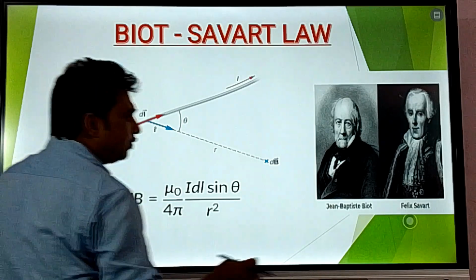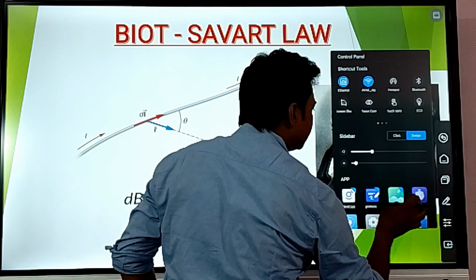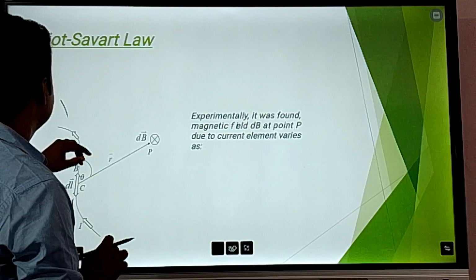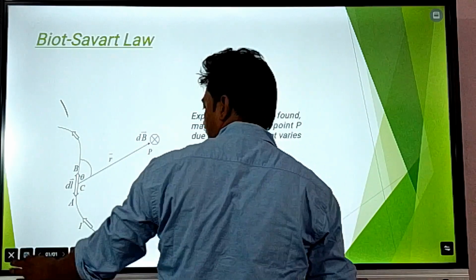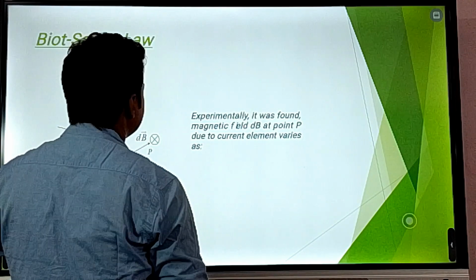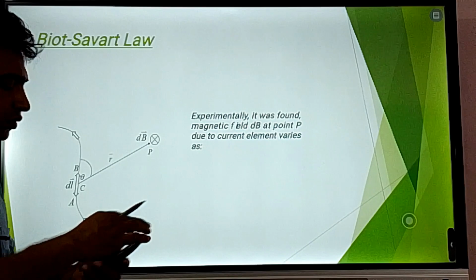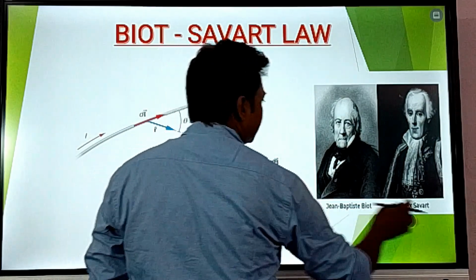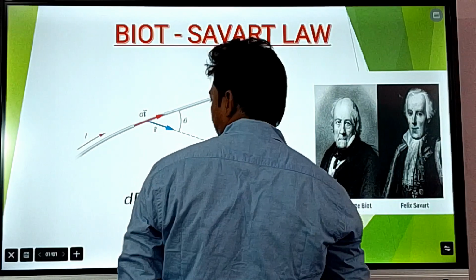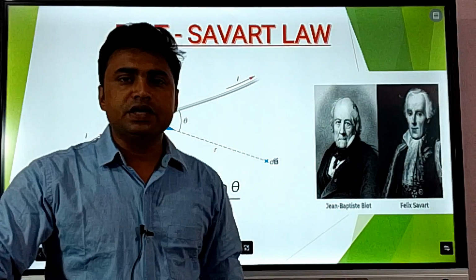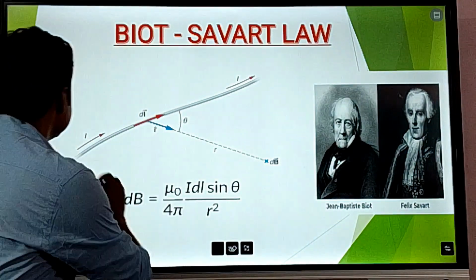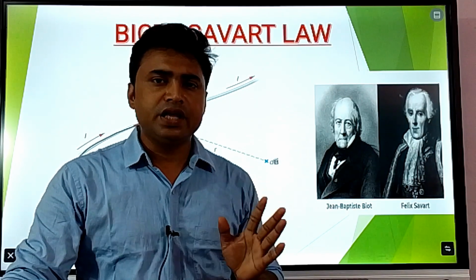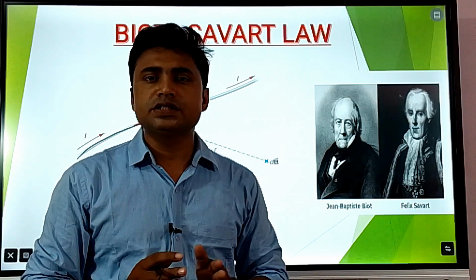This wire can be divided into very small segments, and that small segment carrying current is known as the current element.